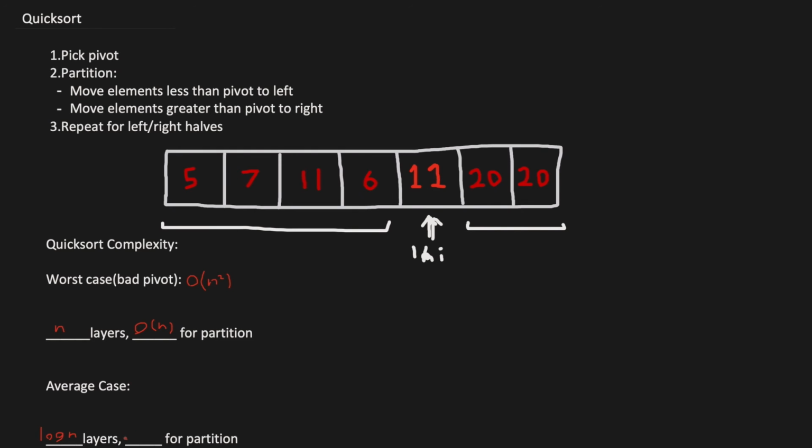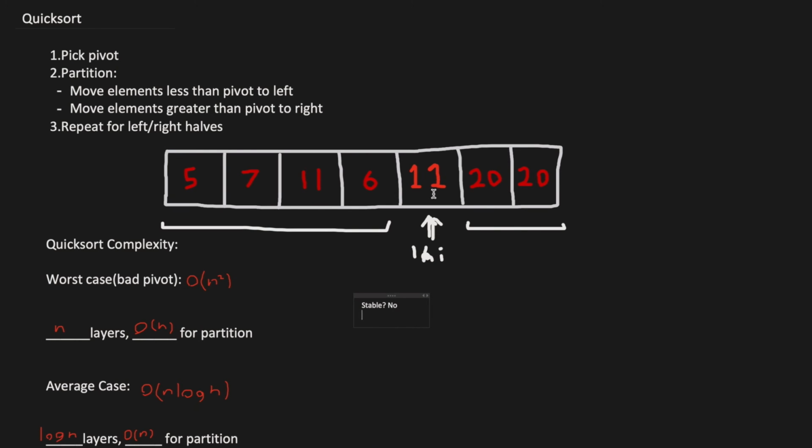And it will still be O of n for partitioning, which makes the total average case complexity O of n log n. So we see that if we choose a good pivot for quicksort, it's O of n log n, which is pretty good.